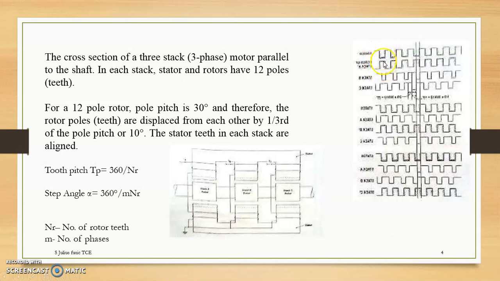Here the stator teeth and rotor teeth are in line, which means it will be at 0 degrees. If I de-energize A and A dash and then energize B and B dash, it will change its initial position by a 10 degree phase shift. So that is said to be the degree of rotation or degree of step created by your stack system.